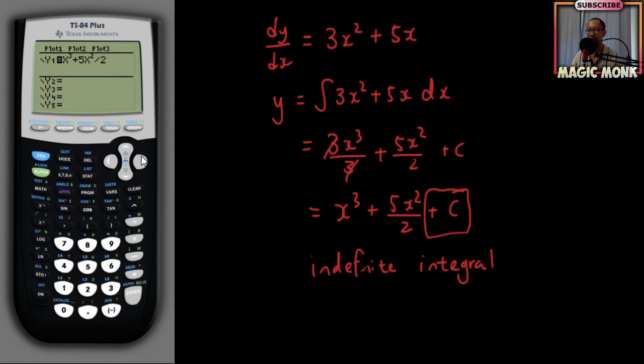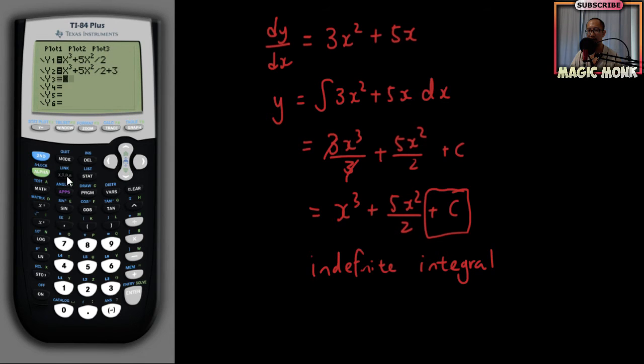But right now c is equal to 0. Okay, so let's put down another one where we have x cubed plus 5x squared divided by 2 plus, let's say c is 3. So the top one, obviously c is 0, and the bottom one c is 3.